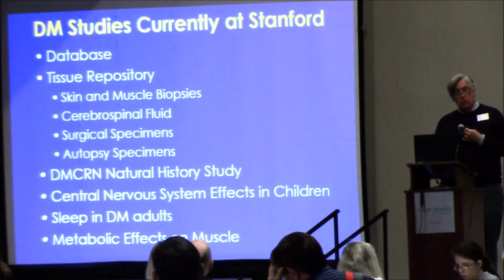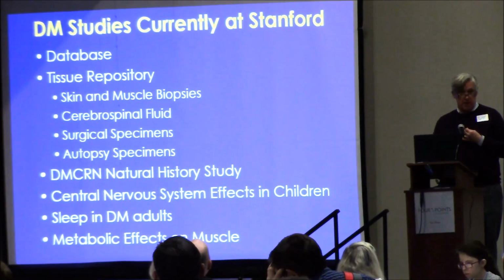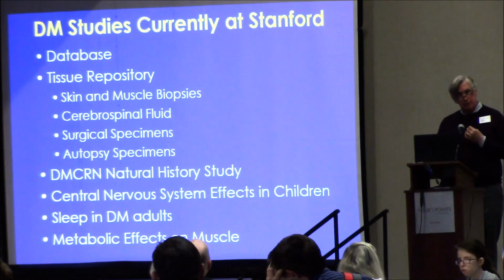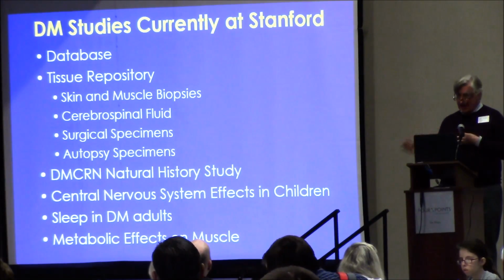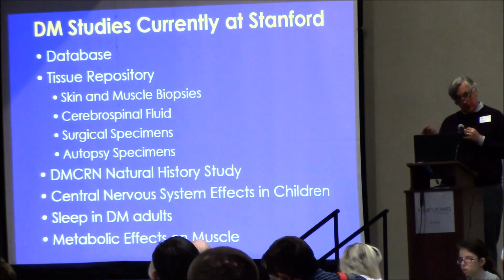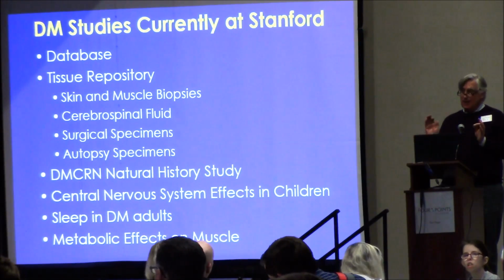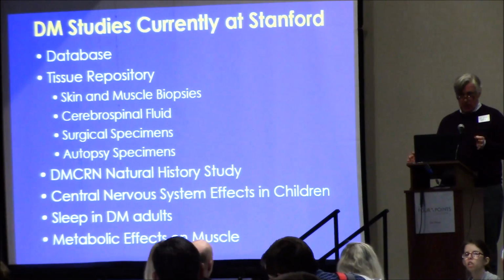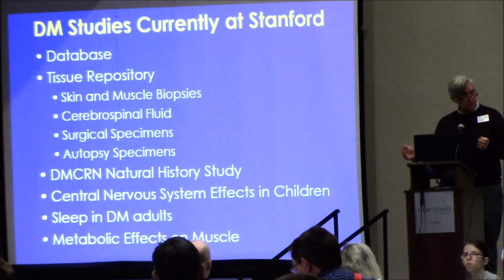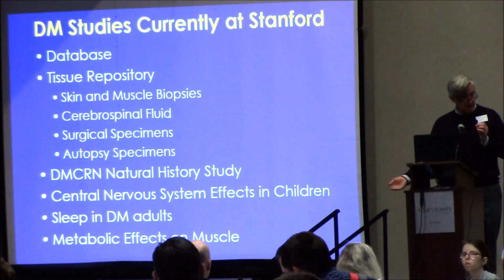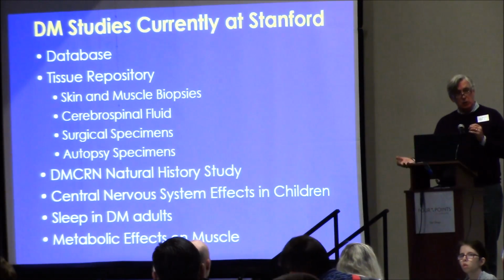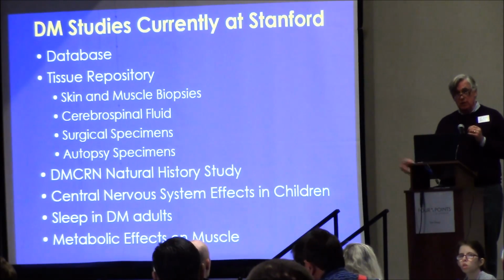We are also interested in collecting autopsy specimens. Now, again, I'm not asking you to rapidly provide that. But if, perchance, someone who is affected does pass on, we are eager to work with you to set that up so that we can retrieve that tissue.